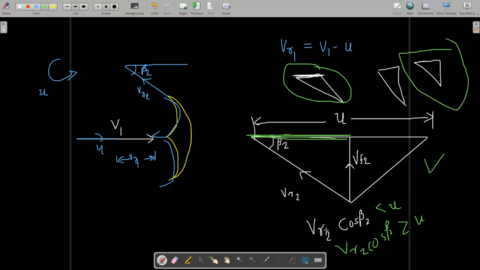So first of all, we will find VR2. How to find VR2? We have VR1, and we have the relation that VR2 is equal to 0.9 times VR1. VR1 is what?